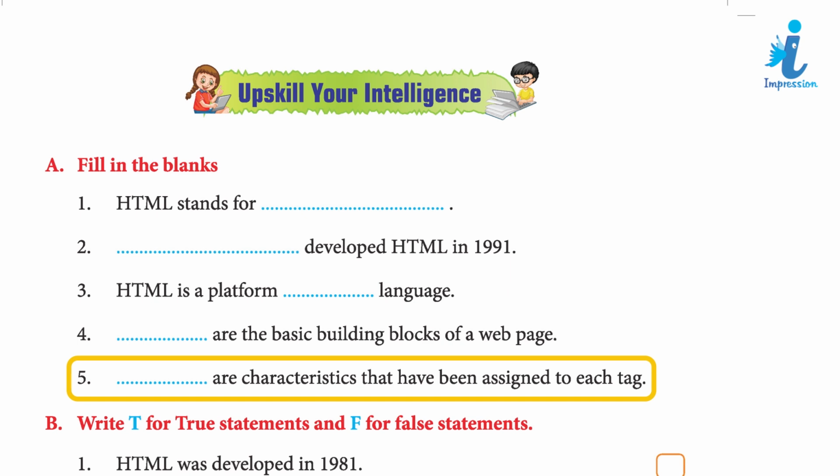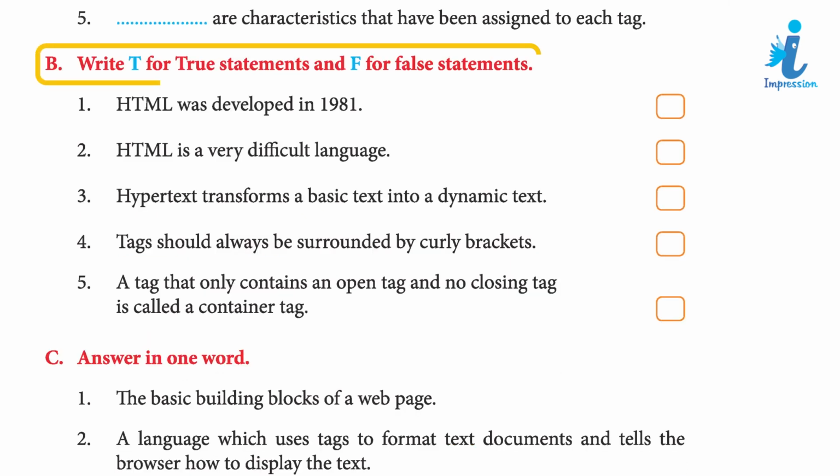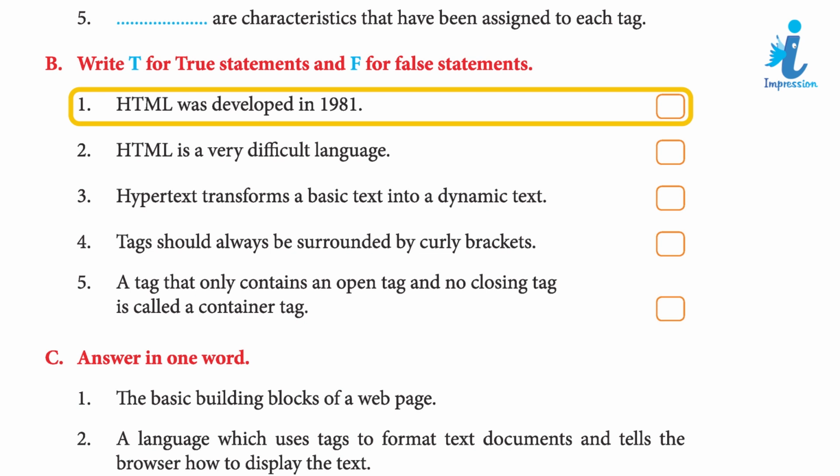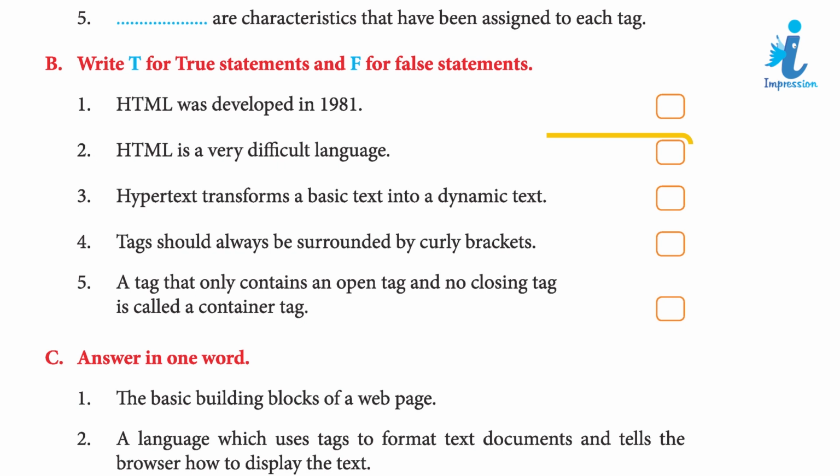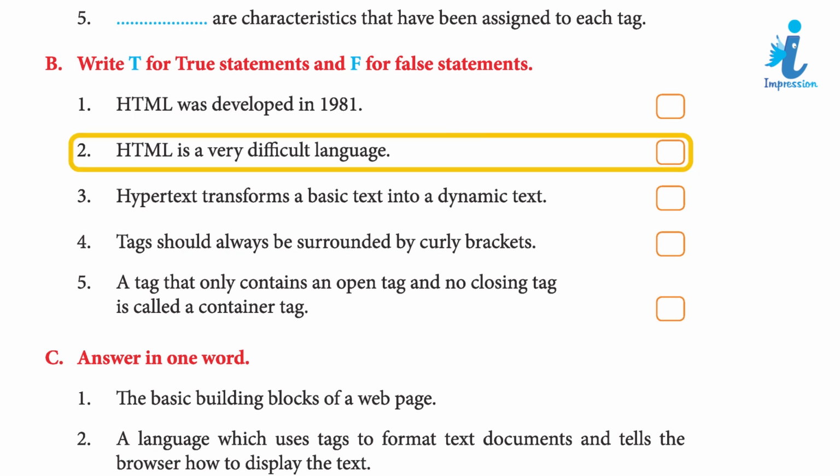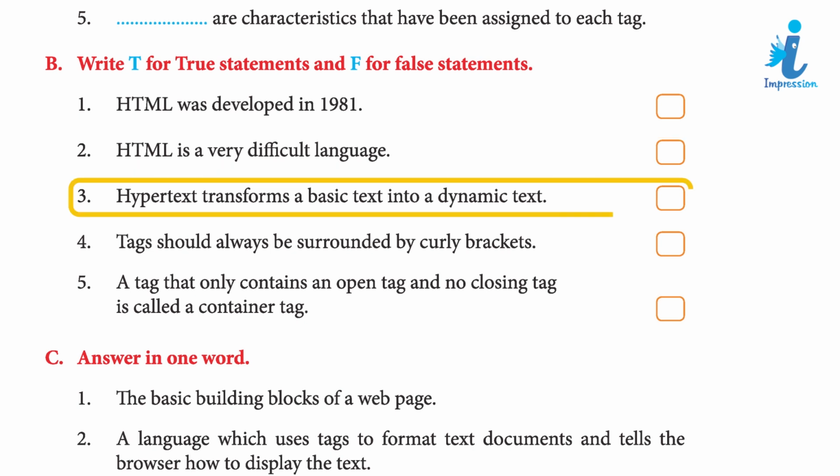Answer. Attributes. B. Write T for true statements and F for false statements. 1. HTML was developed in 1981. Answer. False. 2. HTML is a very difficult language. Answer. False. 3.